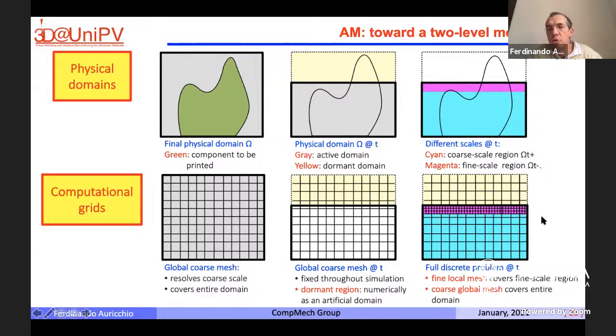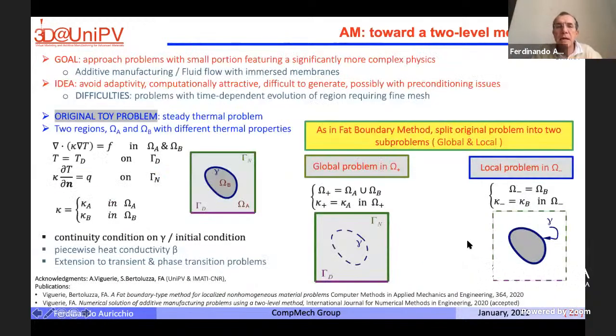So from the computational point of view, we have a global evolving domain, and we have a local and a global mesh. The global mesh is fixed, but the region which is active is changing, and the local mesh is moving in time. Now, with all these concepts, the idea is how we can transform our model into something that fits with them.